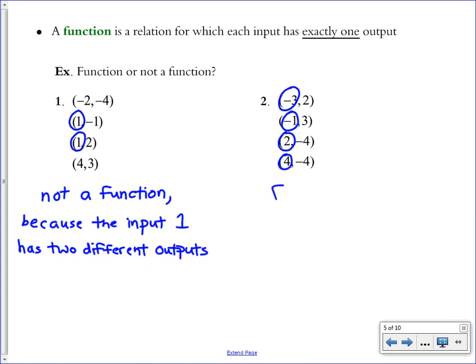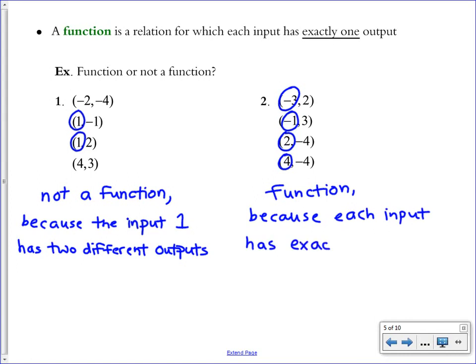So for this one, we can say it is a function, and if you're asked to explain why, you can get this directly from the sentence at the top of this slide. Each input has exactly one output. Exactly there is being used like the word only. It has only one output, not more than that.